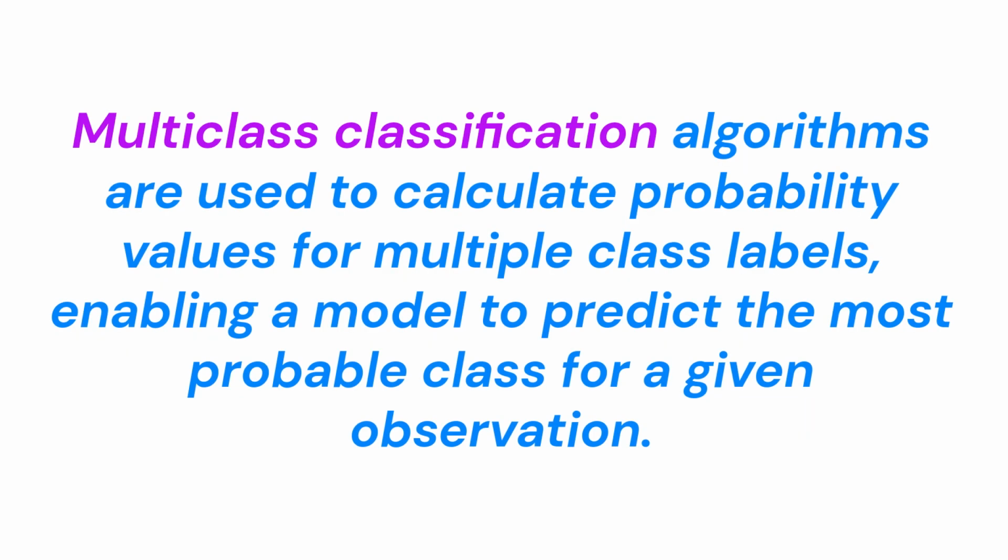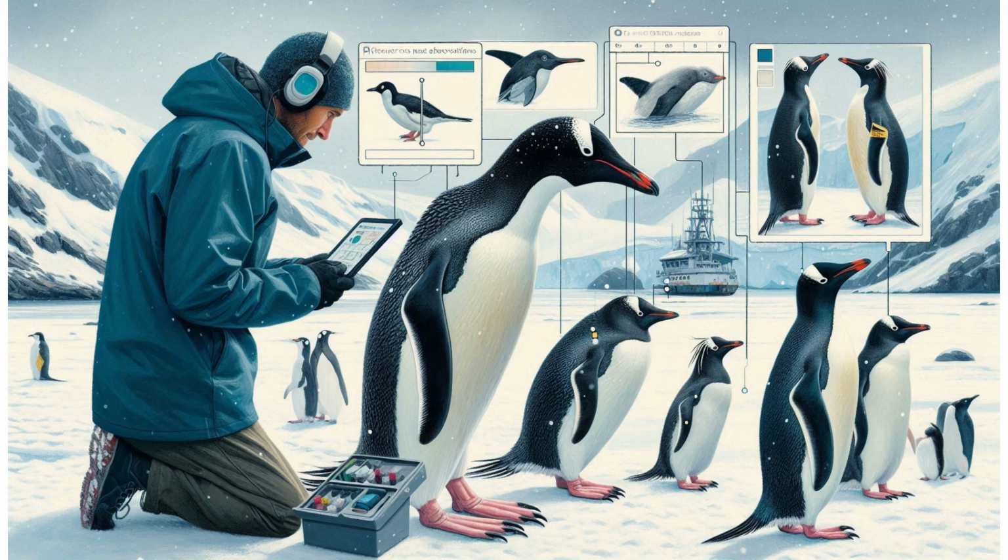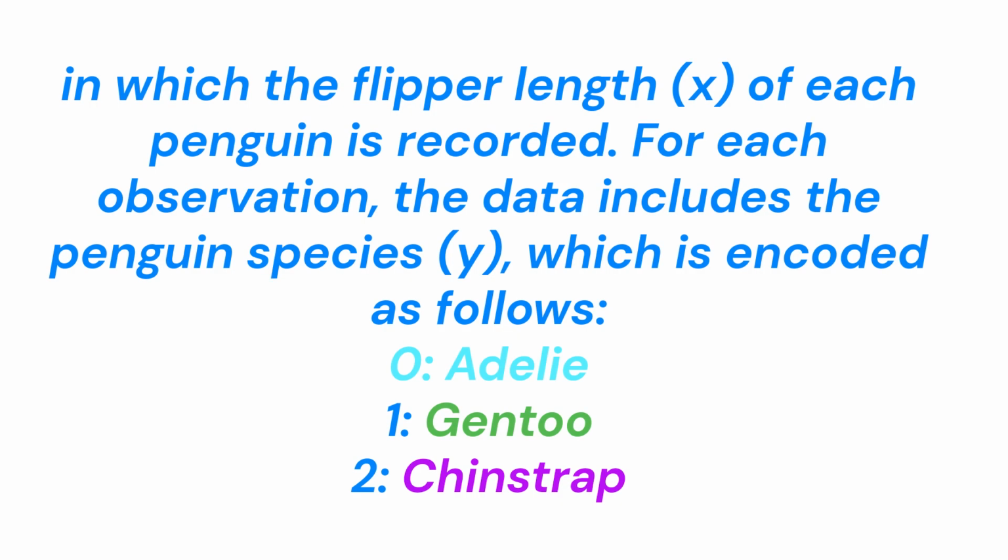Example: multiclass classification. Multiclass classification algorithms are used to calculate probability values for multiple class labels, enabling a model to predict the most probable class for a given observation. Let's explore an example in which we have some observations of penguins, in which the flipper length, x, of each penguin is recorded.